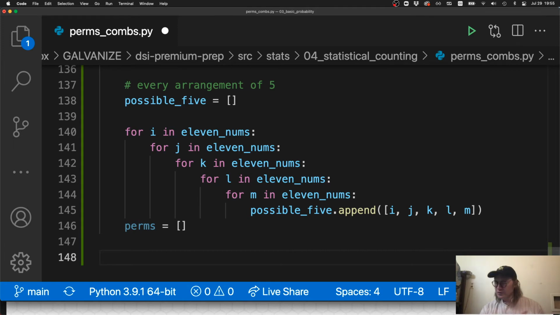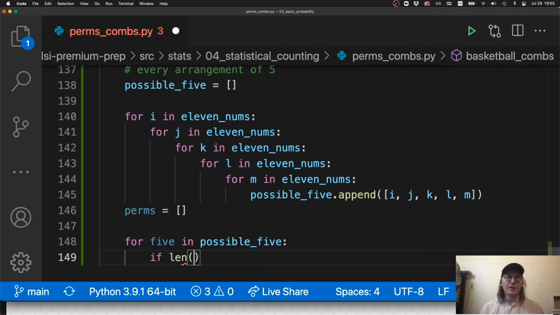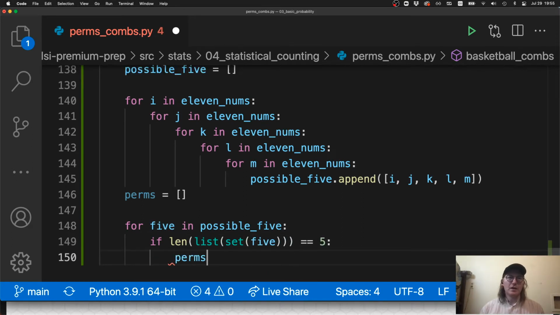I'm going to do it a different way just to bring back the list set trick. I'm going to say for each 5 in our possible 5, if the length of the list of the set of 5 equals 5. Now, let me explain this.